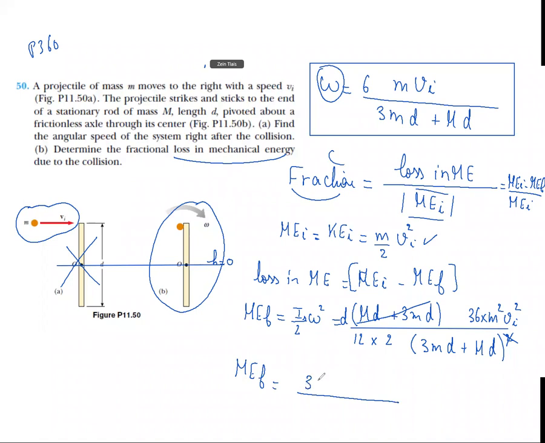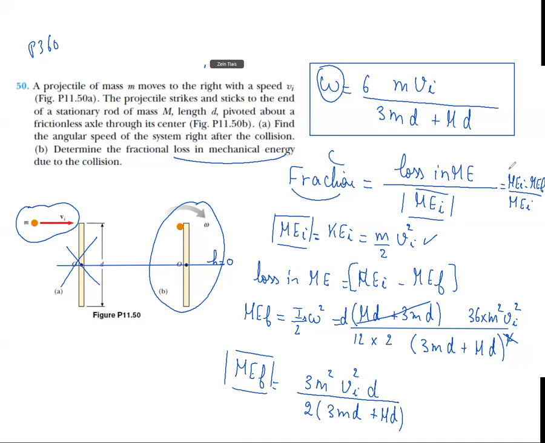3 m square times v initial square times D divided by 2 (3 M D plus M D). Okay, we have mechanical final, we have mechanical initial.